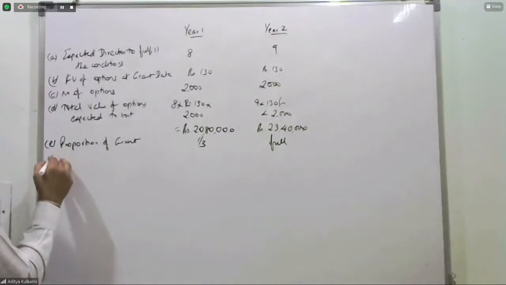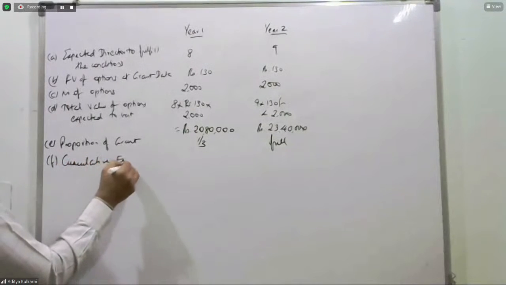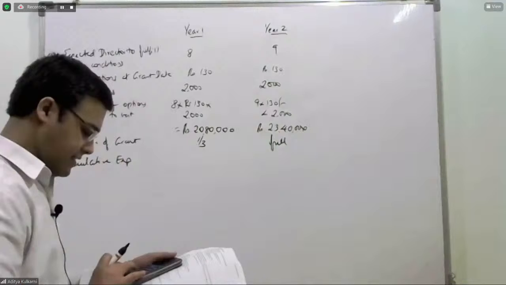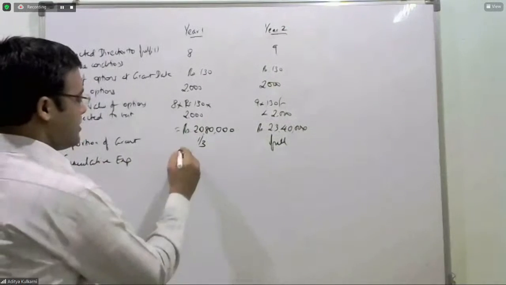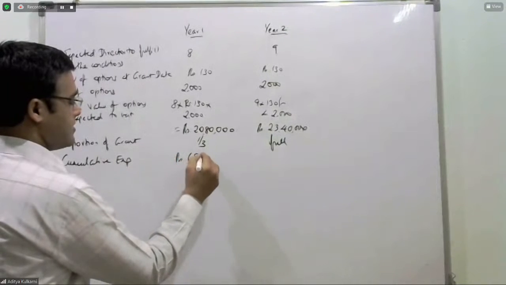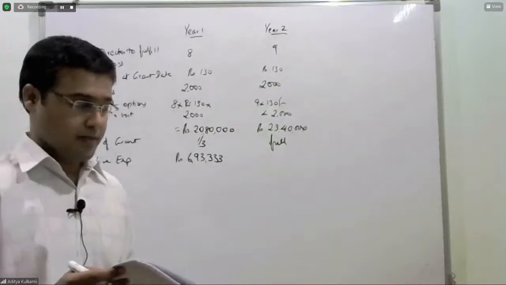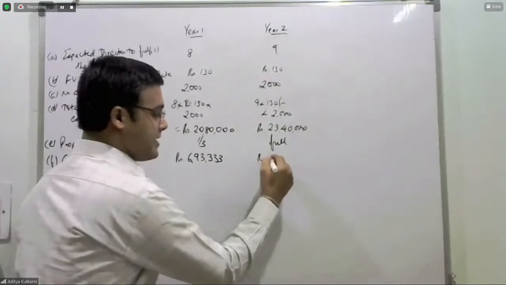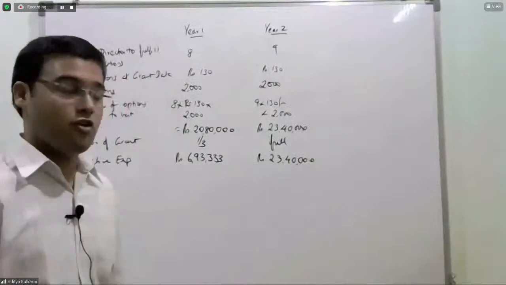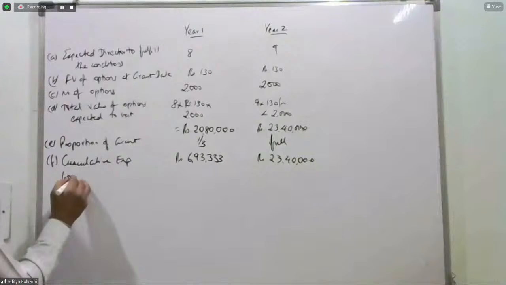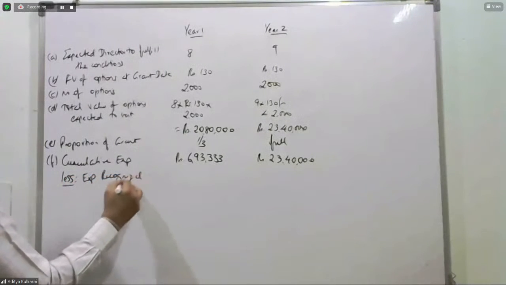So therefore, cumulative expenses, 20 lakh 80,000 divided by 3. First year, you will recognize 6,93,333 rupees. Second year, you are accelerating, so 23,40,000 will be recorded fully. So less expenses recognized earlier.